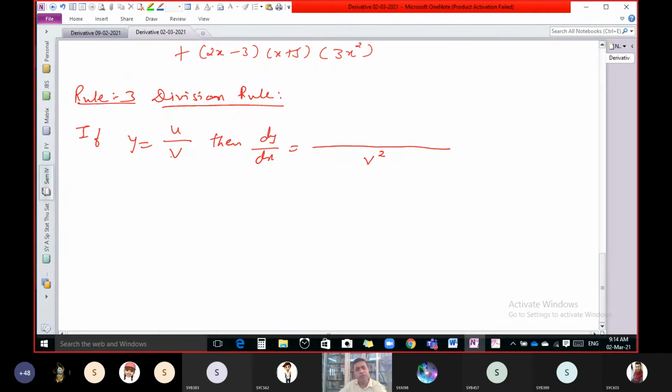Let us say the denominator is v here, so v square you have to write in the denominator. Then once again you have to write this v, and then multiply that v with the derivative of the numerator du by dx. Then after you have to write minus sign. Then you have to write this u as it is and differentiate v with respect to x, dv by dx.